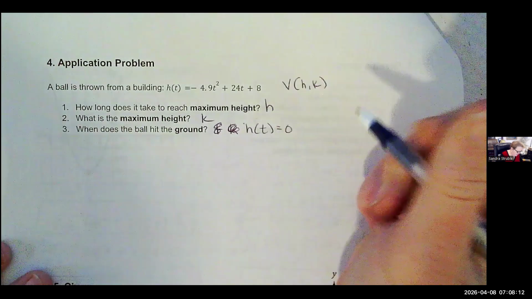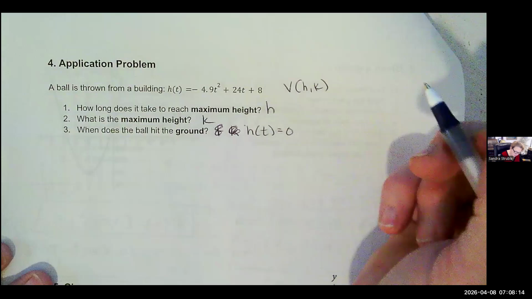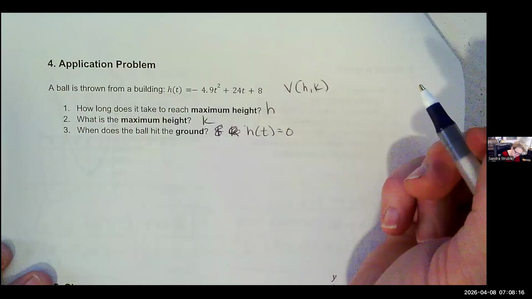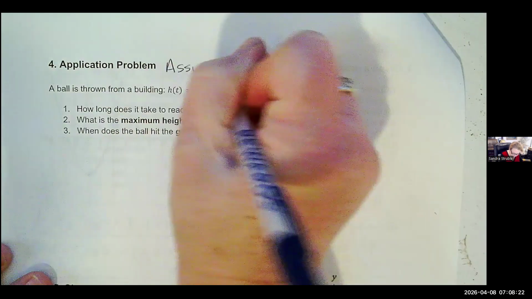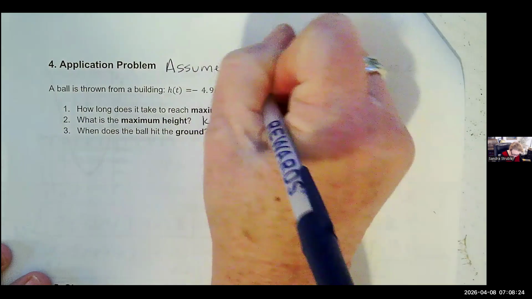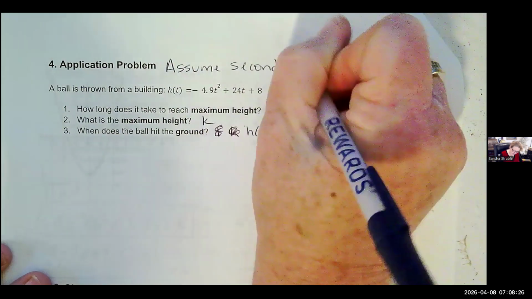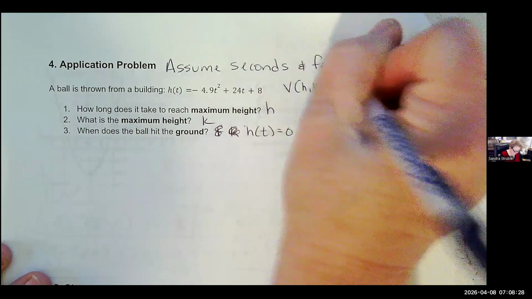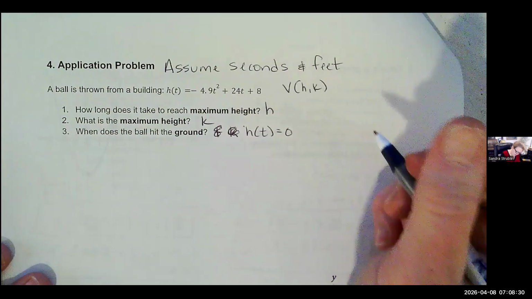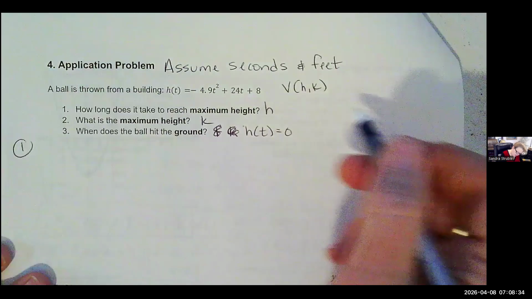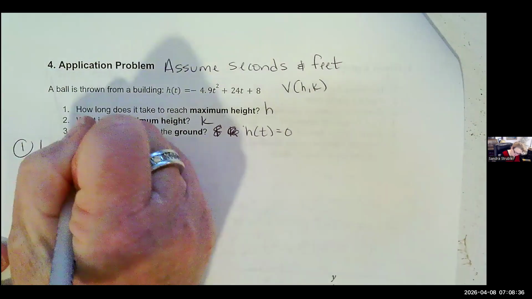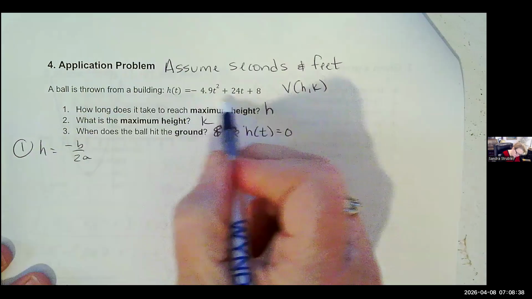There's no unit given here, so I'm going to assume seconds for time and feet for height, we'll just go with feet this time instead of meters. The first thing you need to do for number 1 is to find h. h is negative b over 2a. Since we have general form, we can just do it that way.